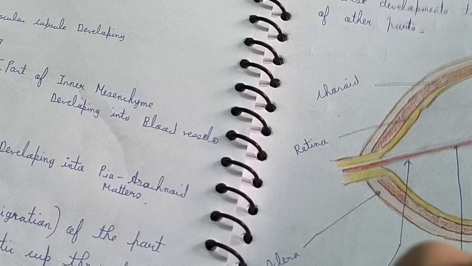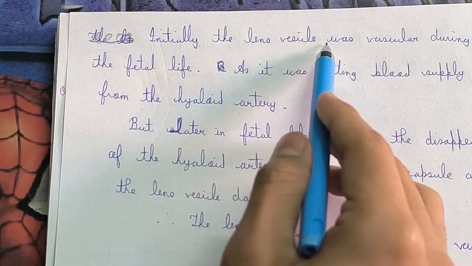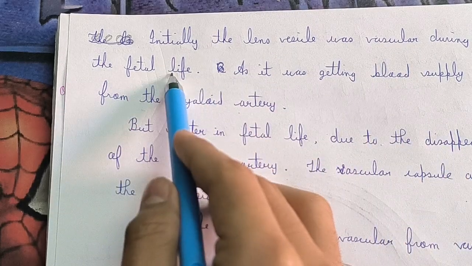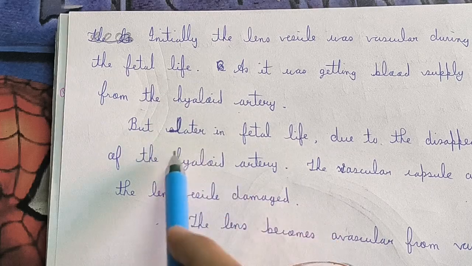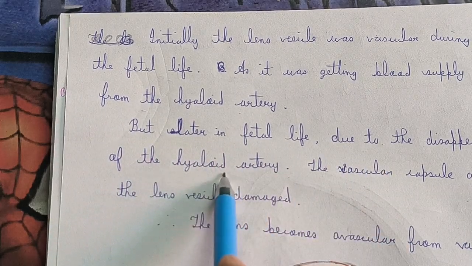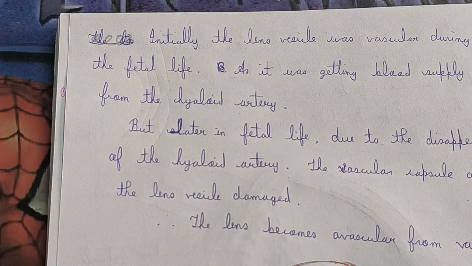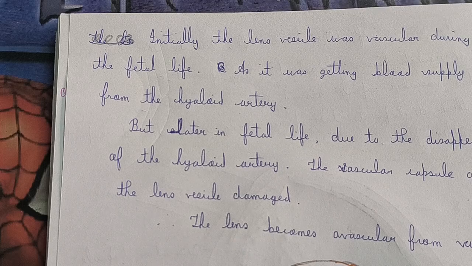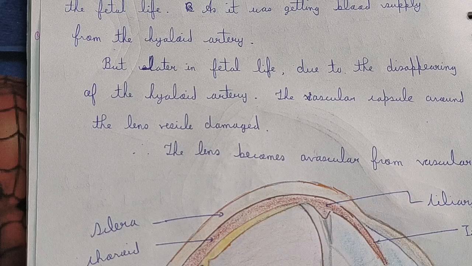So I have written that initially the lens vesicle was vascular during the fetal life as it was getting blood supply from the hyaloid artery, but later in fetal life, due to disappearing of the hyaloid artery, the vascular capsule around the lens vesicle is damaged. This is the reason how the lens becomes avascular from a vascular structure.